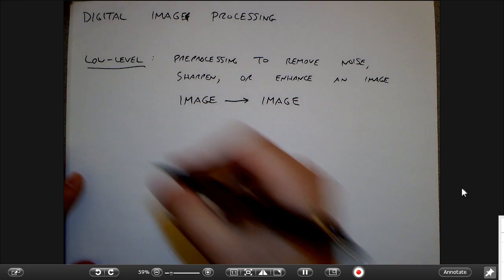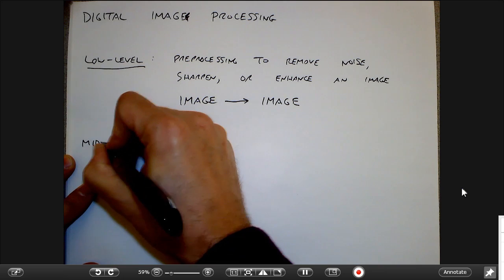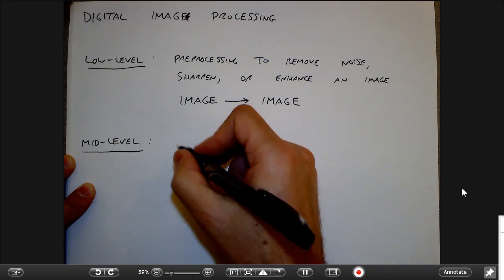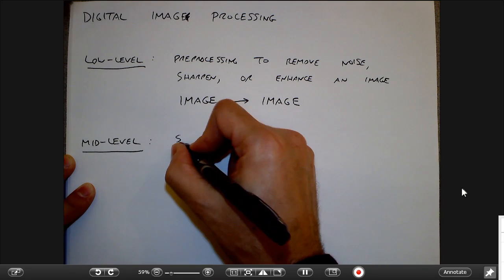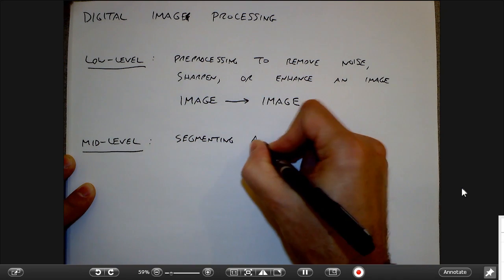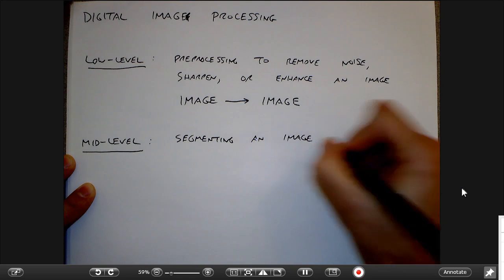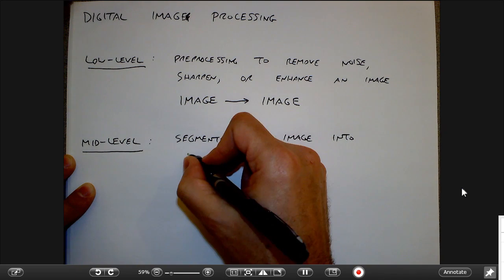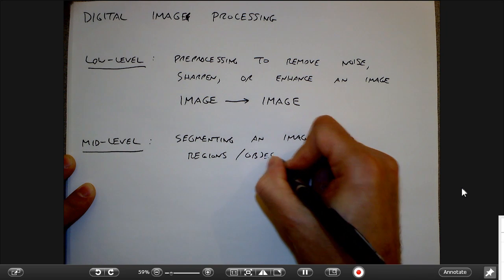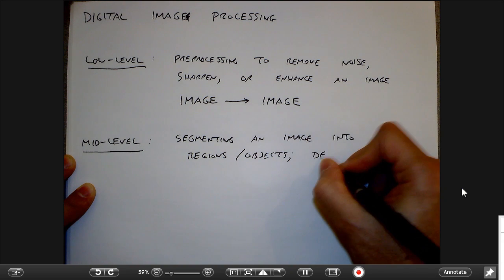And then I would say there are mid-level image processing problems. That's stuff like, for example, segmenting an image into regions or objects, describing an image concisely.